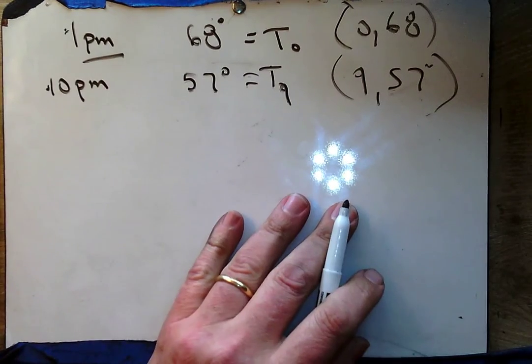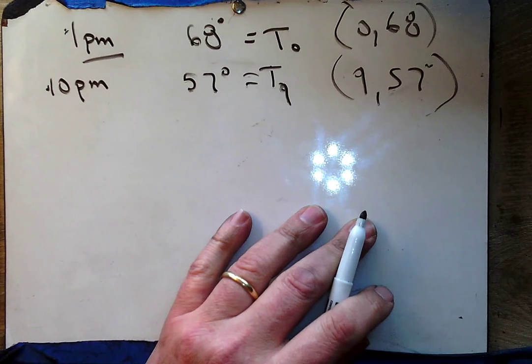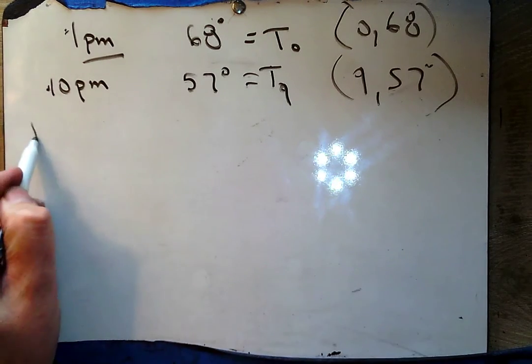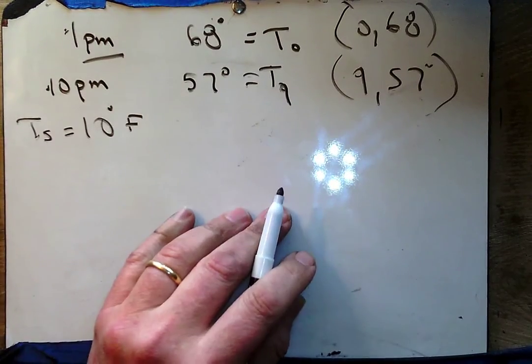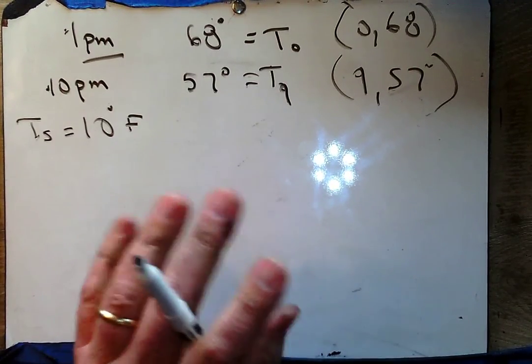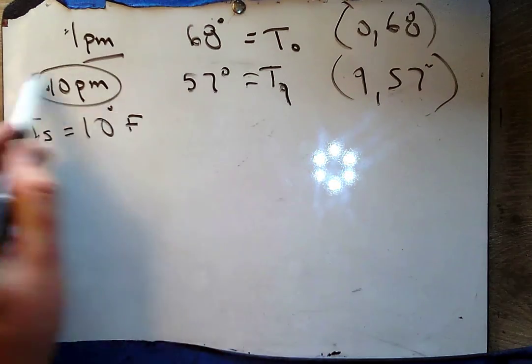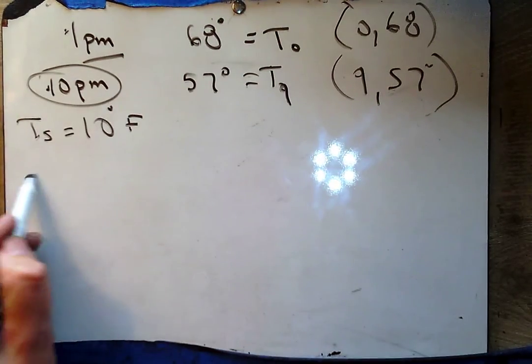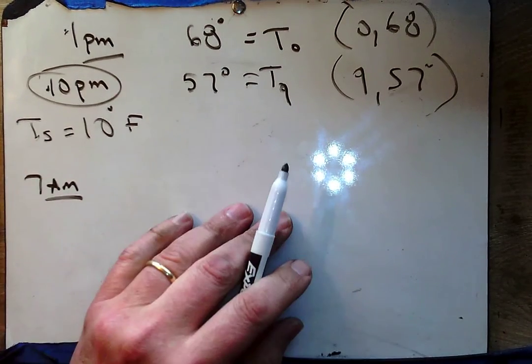Now, what my mom was concerned about, she called me before she went to bed, she said, outside temperature is 10 degrees Fahrenheit. Now, what she's really worried about is if she goes to bed, when she wakes up, and she usually wakes up around 7 a.m., will the pipes be frozen?